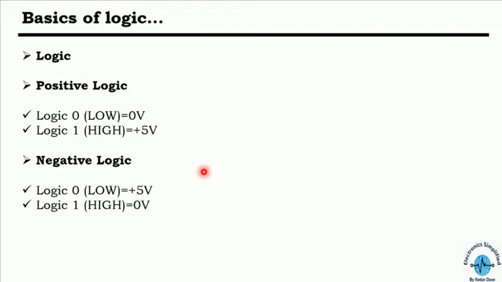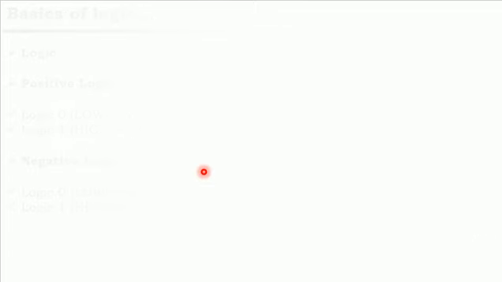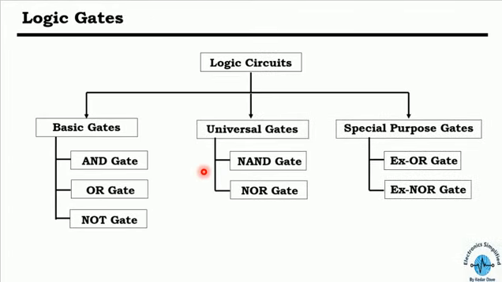Now further we are going to discuss logic gates. There are many different types of logic gates, but logic circuits can be classified into 3 sections: basic gates, universal gates and special purpose gates.